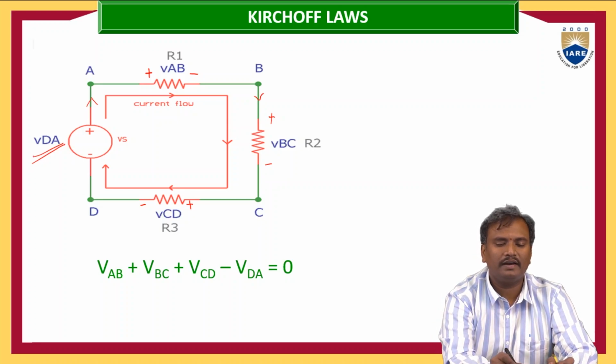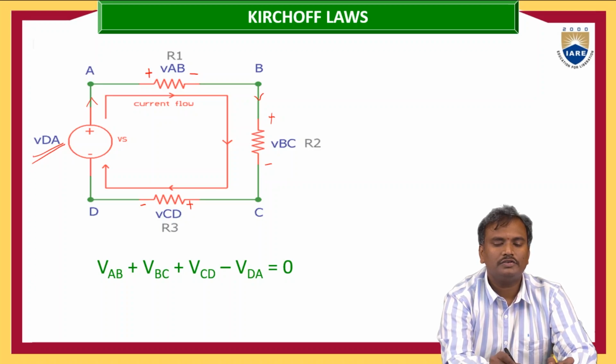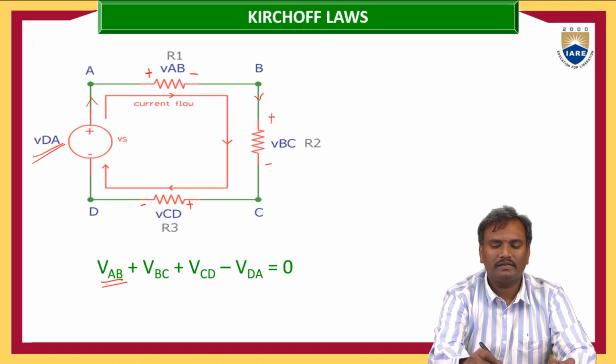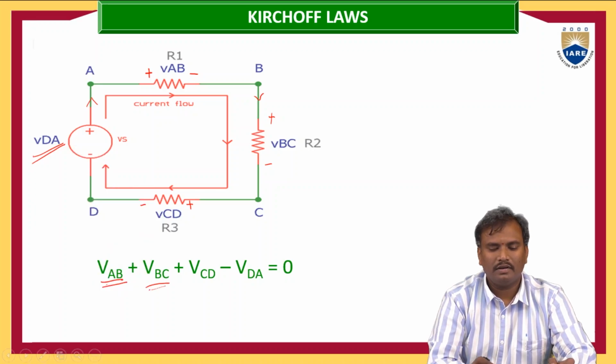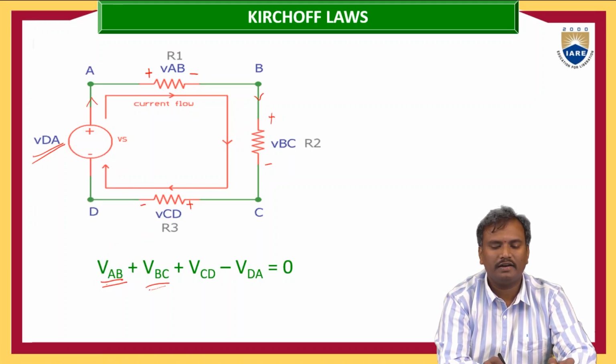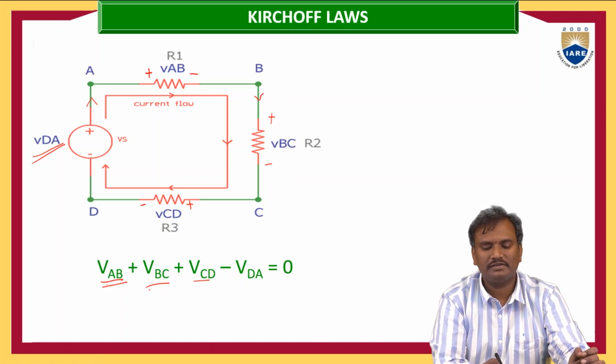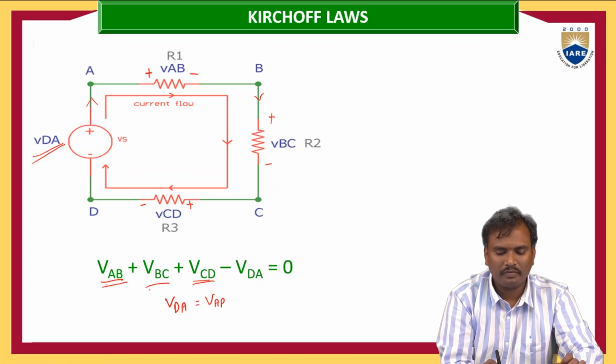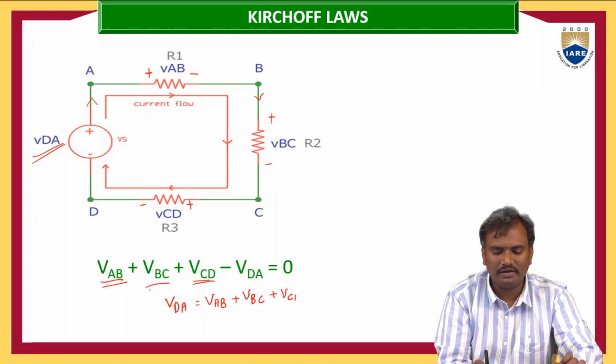And here the current entering terminal is positive. So that voltage drop can be taken as positive. That is VAB. And the next one is current entering the positive terminal. So plus VBC. And here also current is entering the positive terminal. So plus VCD. So here VDA is equal to VAB plus VBC plus VCD.